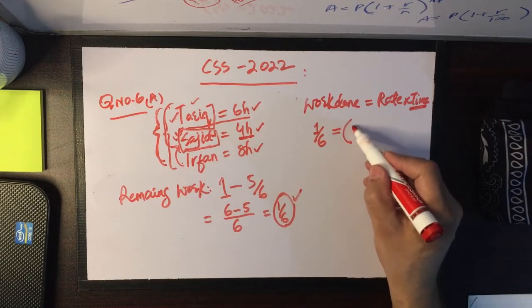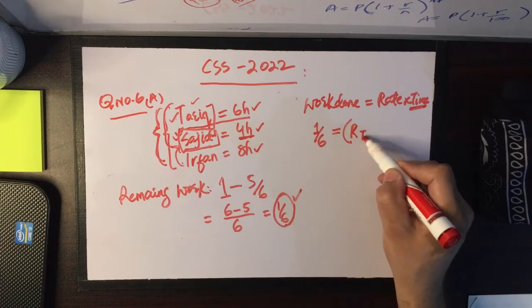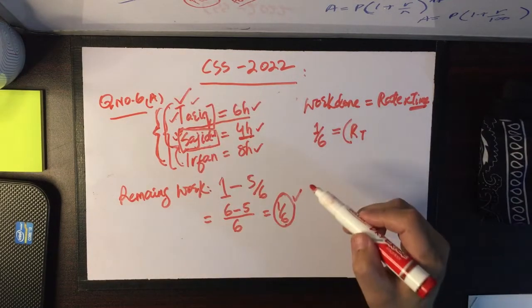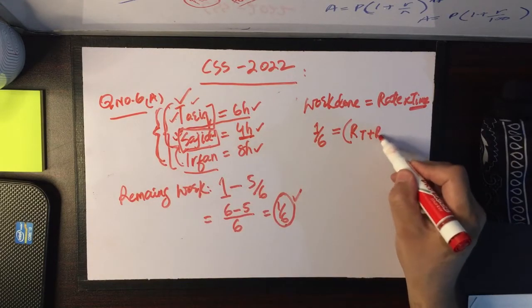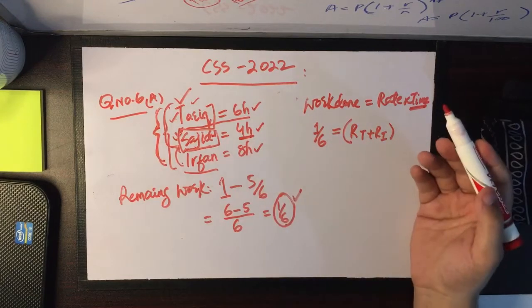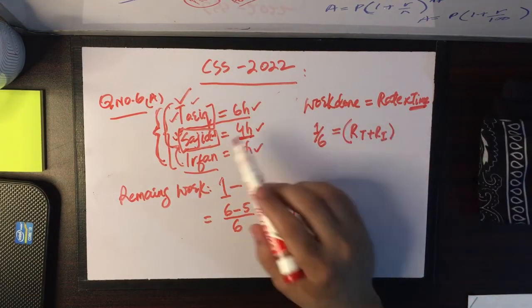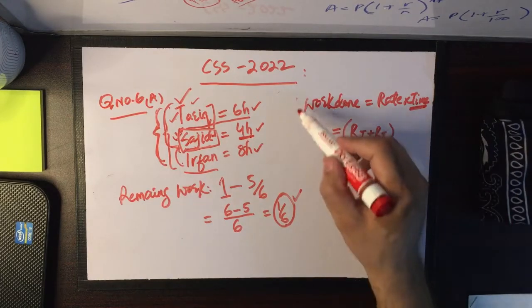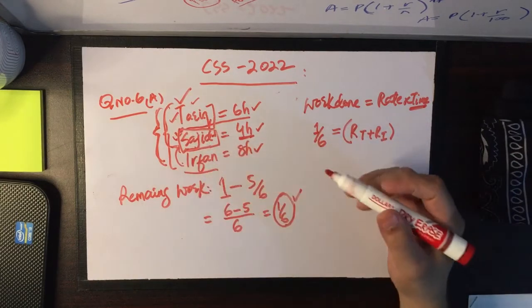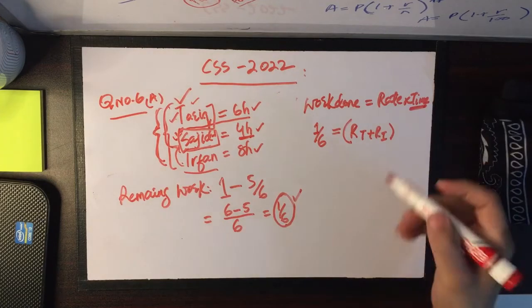What is the rate? We'll substitute the rate of Tariq, who's been working since the very beginning, and Irfan has joined him, plus the rate of Irfan. We would not be using the rate of Sajid here because he left after 2 hours, and what we're finding out right now is the work done by Tariq and Irfan once Sajid left after 2 hours.